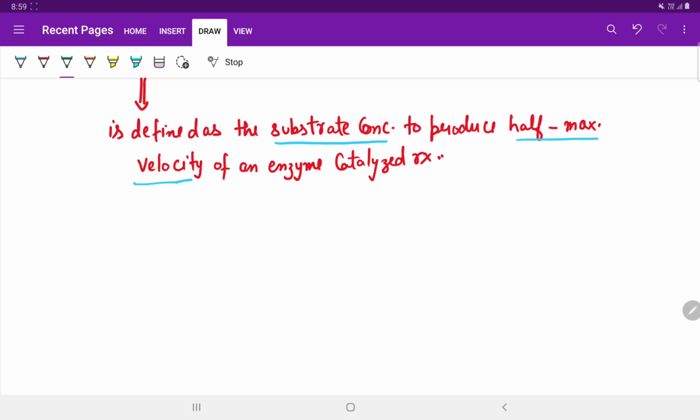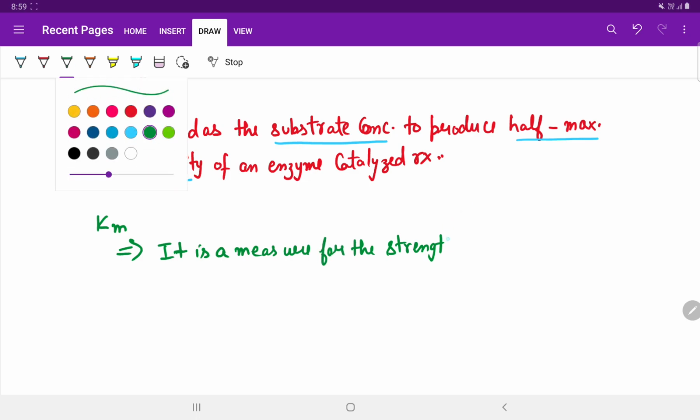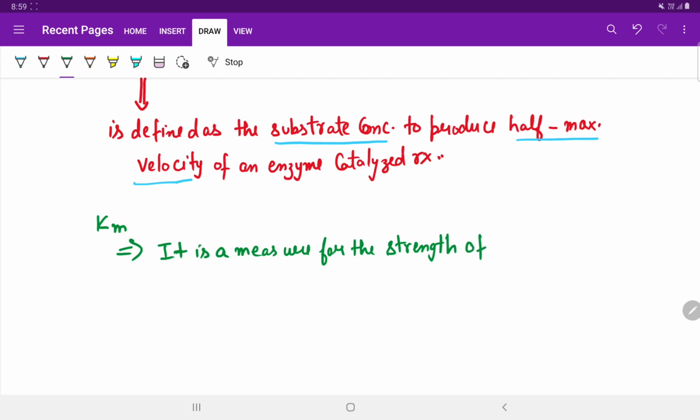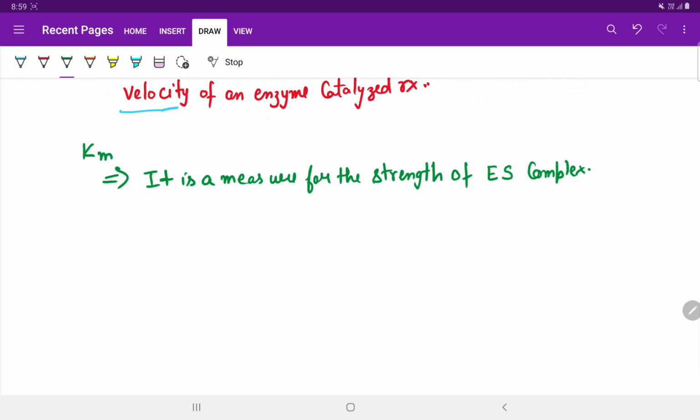It is a measure of the strength of the enzyme substrate complex. So how is it measured?